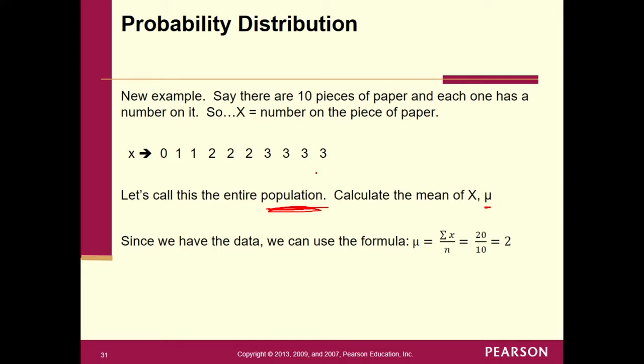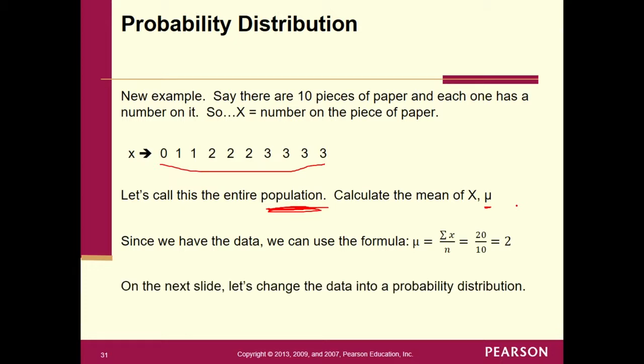And so if you add these up, we have 2, right? 1 plus 1 is 2, 4, 6, 8, 11, 14, 17, 20. So we have 20 divided by how many numbers there are up here? That's 10, and we get 2. Okay? That should sound very familiar to you. You're probably asking, well, why did we do that? And hopefully you'll understand by the time we're done with 6.1 here.